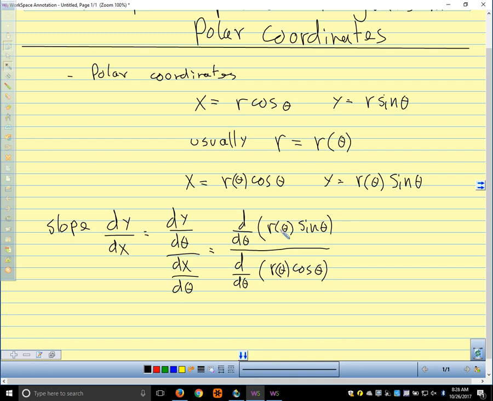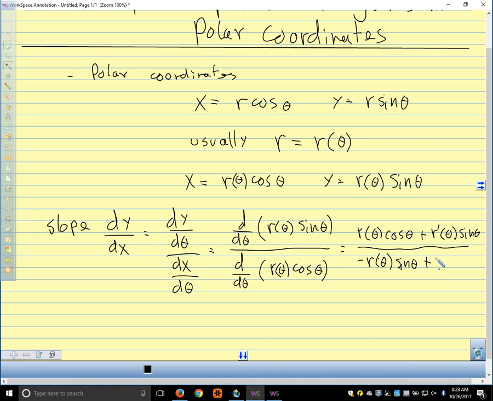When we take this derivative, we're going to use the product rule, and we get a nice expression. We get r of theta cosine theta plus r prime theta sine theta in our numerator, and in the denominator we get minus r of theta sine theta plus r prime of theta cosine theta.